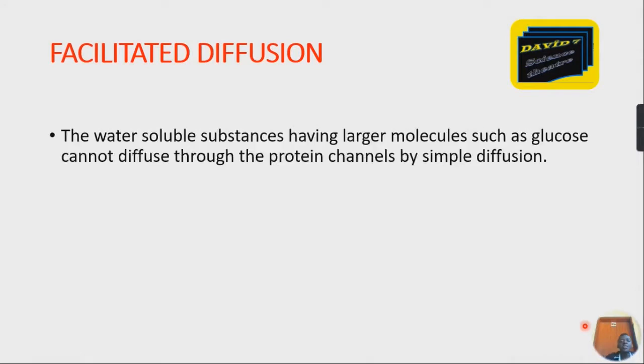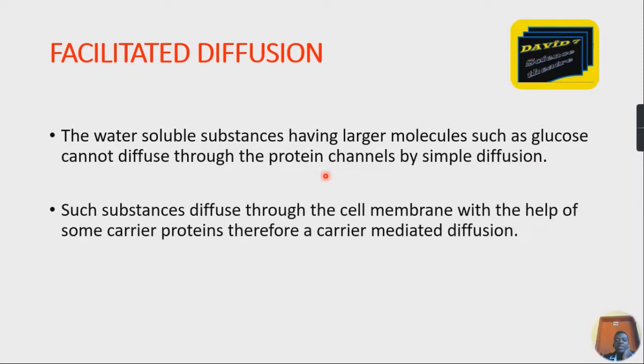Let's continue. Facilitated diffusion is what we're going to discuss right now. Water-soluble substances having larger molecules, such as glucose, cannot diffuse through the protein channels by simple diffusion. Otherwise, such substances will diffuse through the cell membrane with the help of carrier proteins. Therefore, this is what we call carrier-mediated diffusion.